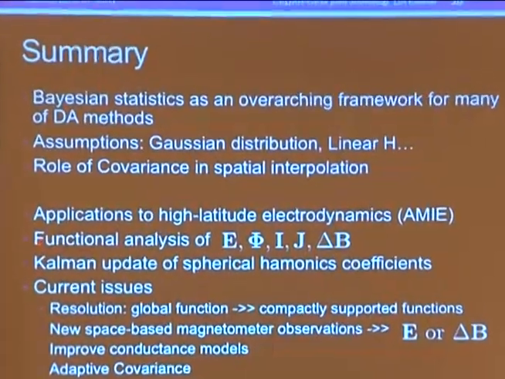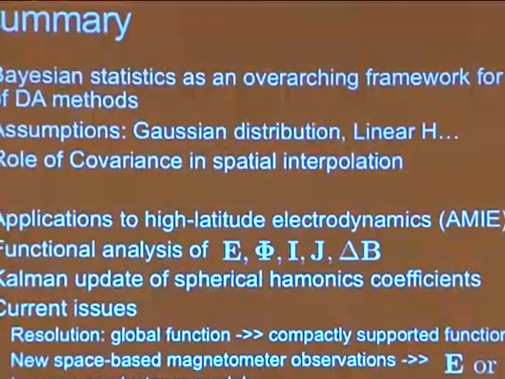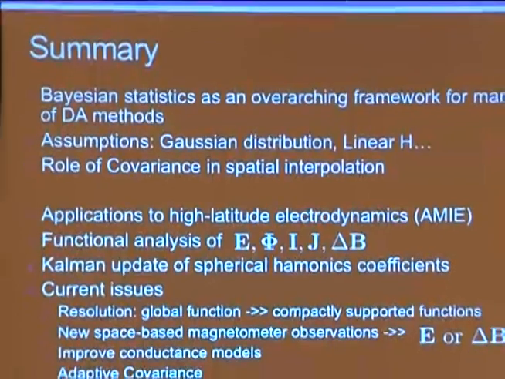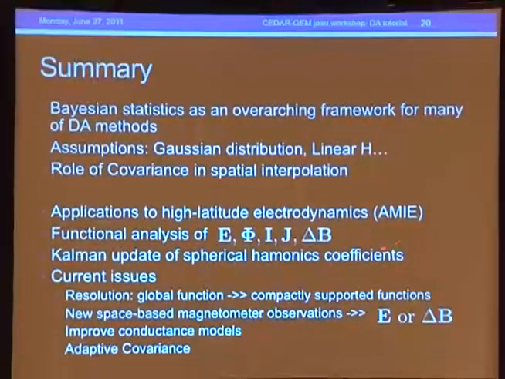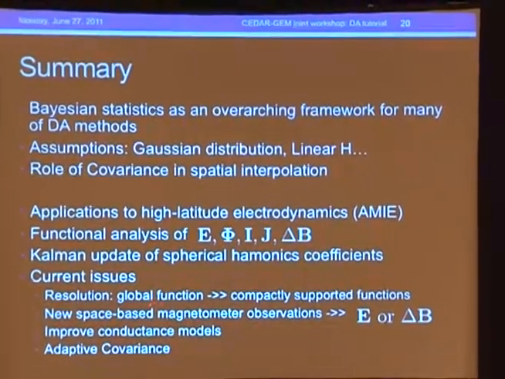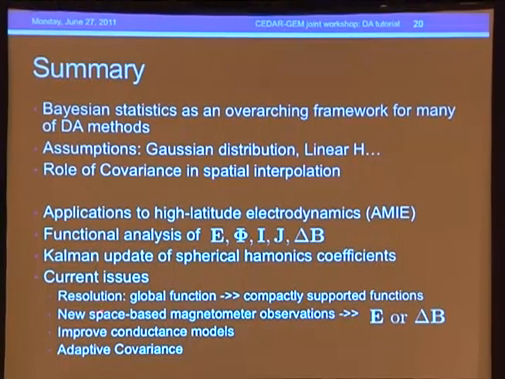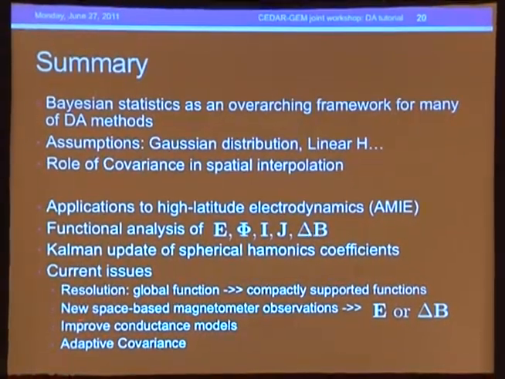And there are a few points where we could improve this assimilative mapping of ionospheric electrodynamics. We could go from global functions to compactly supported functions to get better resolution in the final analysis.